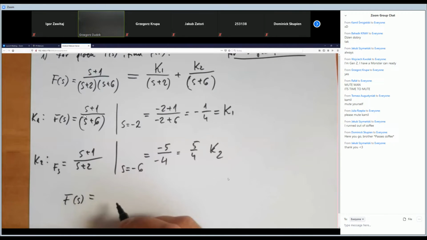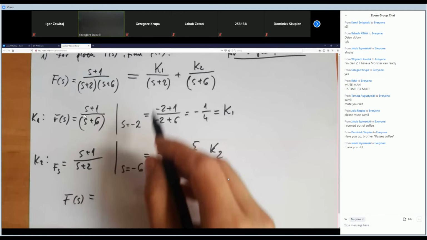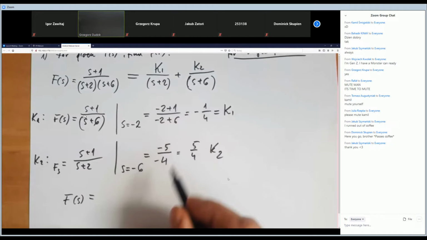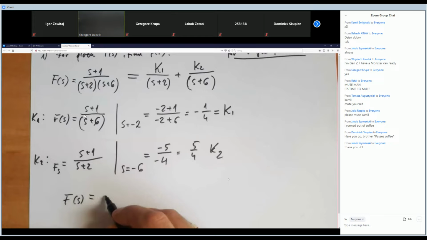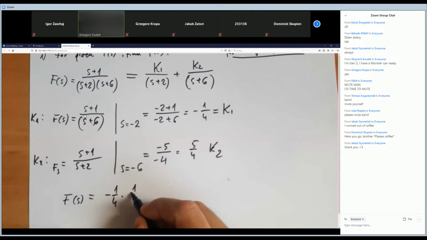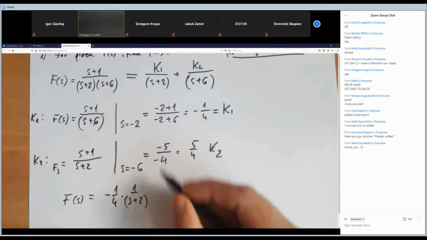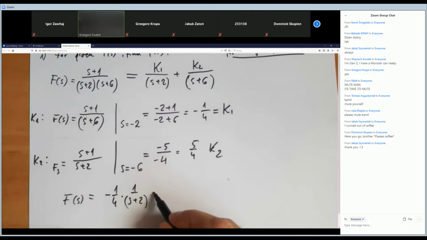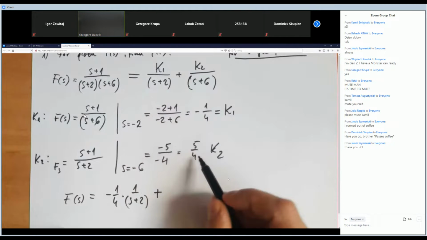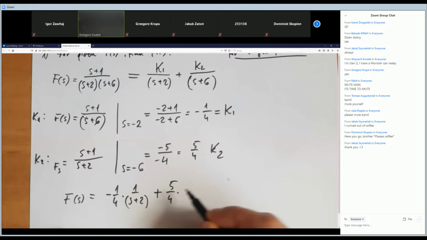For k1 we substitute minus 1 over 4, so it is minus 1 over 4 times 1 over s plus 2. Plus k2, which is 5 over 4, times 1 over s plus 6.